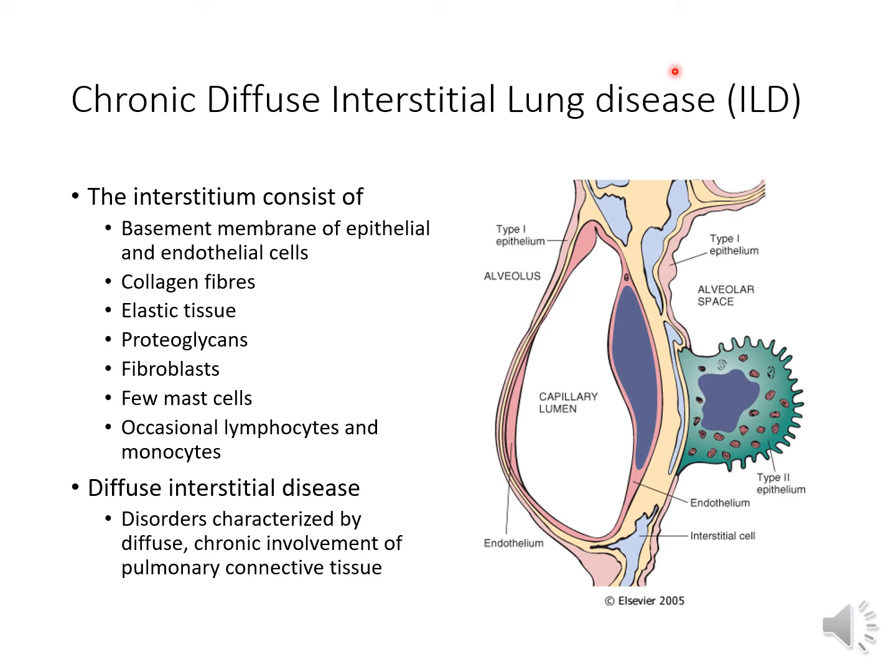Carbon dioxide can increase, oxygen will decrease, and the patient will present with dyspnea, tachypnea, and cyanosis. Filling of the lung will also be affected because it's harder to expand a fibrotic lung. And this causes the restrictive problem, which is the inability to properly fill the lung with air.